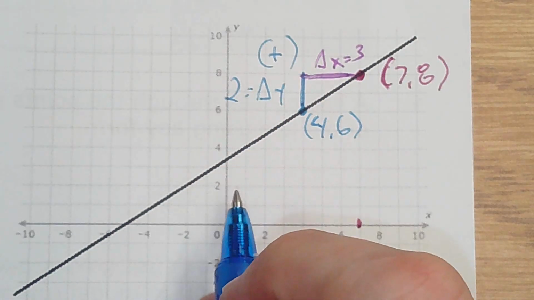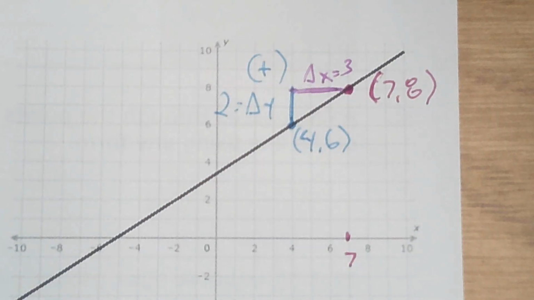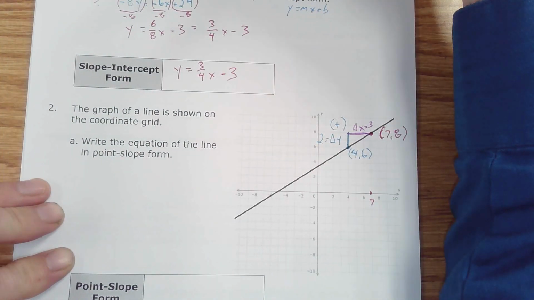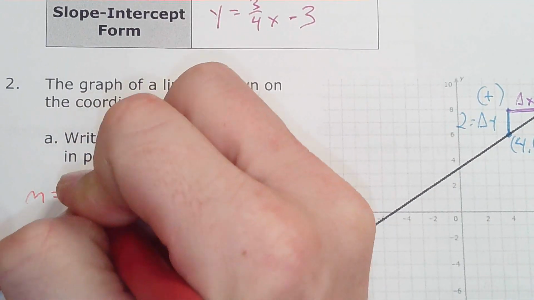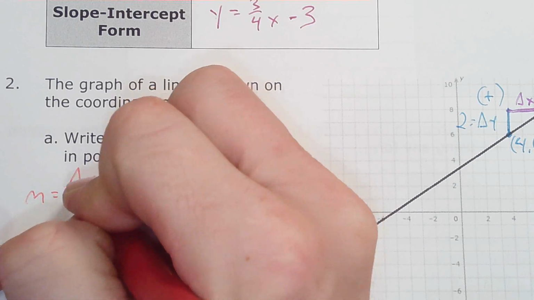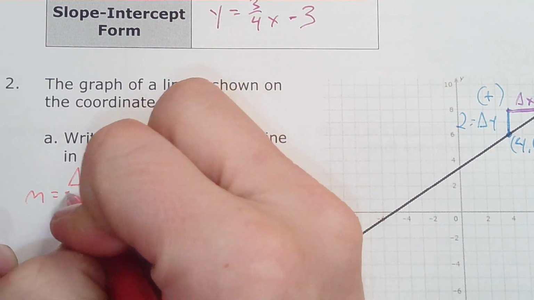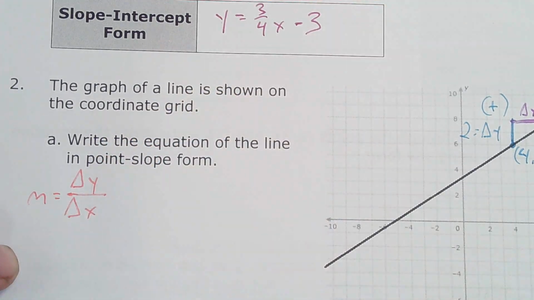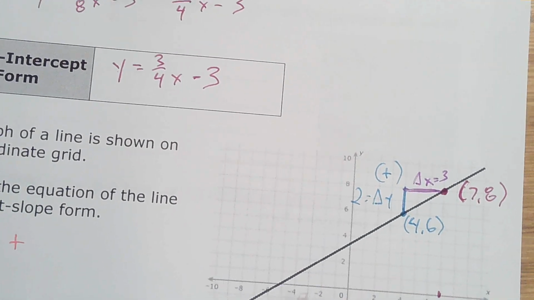Remember that my slope equals my change in y over my change in x. And I know it's positive because it goes upward like this.